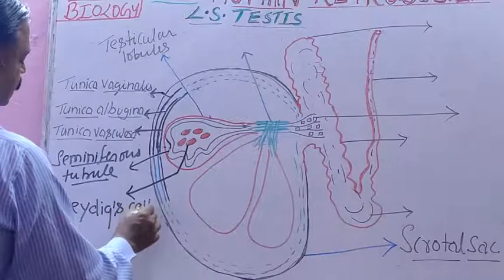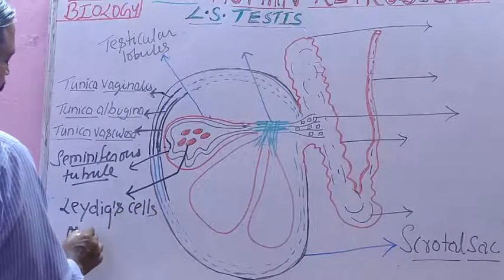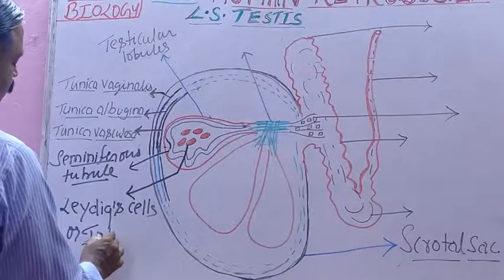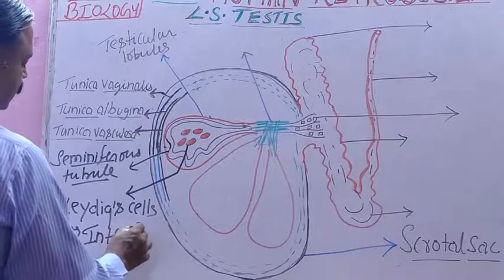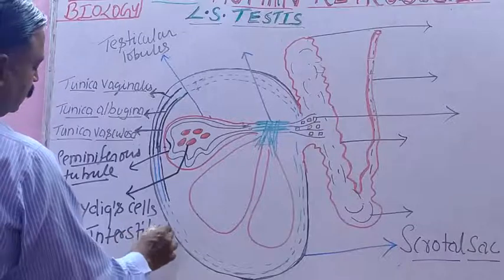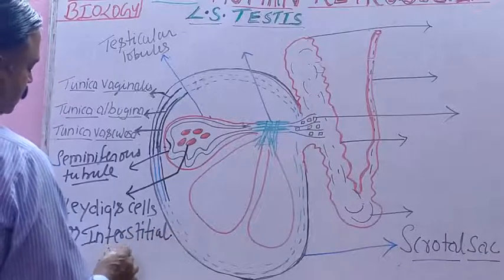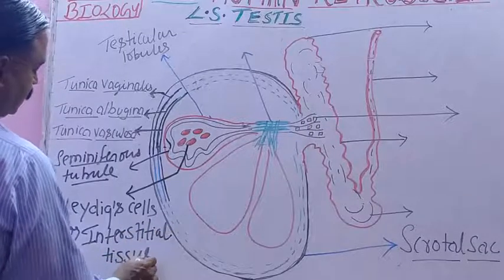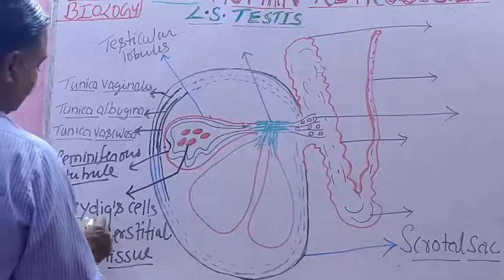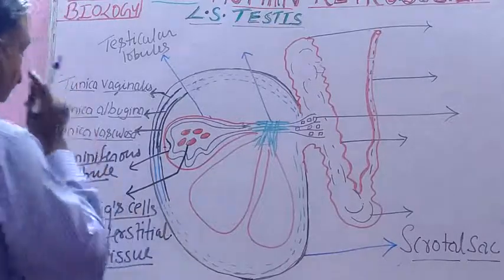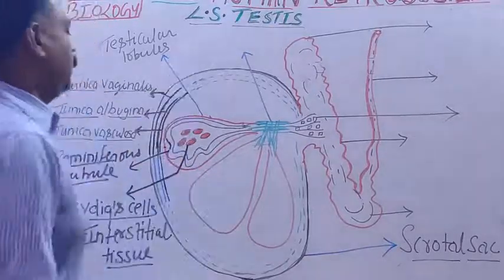Leydig's cells are interstitial tissue. These are the important cells which secrete the male hormone testosterone. We will study in detail later on.